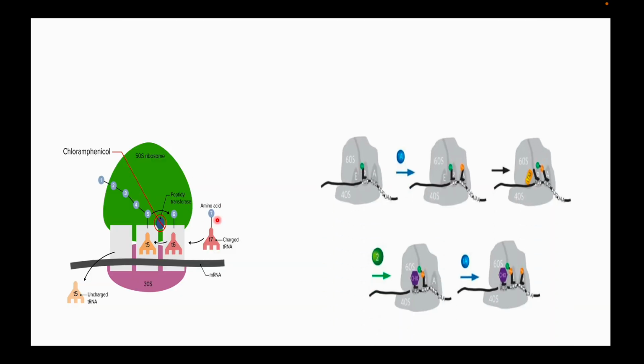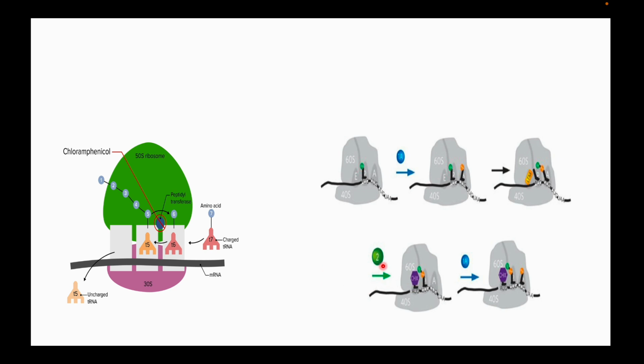cycloheximide. So what does cycloheximide do? Cycloheximide targets eukaryotic cells, right? So we have a 60S ribosome and 40S ribosome, and this is naturally occurring protein translation. As you can see, we have an AUG, we have a methionine here, the peptide tRNA with a methionine will come, then we'll have the next amino acid, right, and we'll have an increasing number of amino acids in the polypeptide chain.